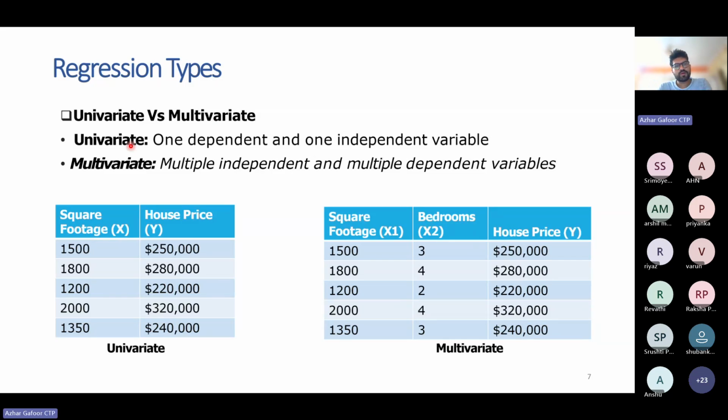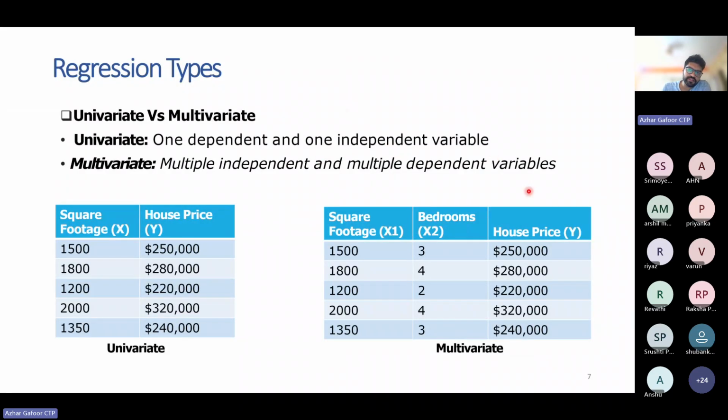Regression problems can be classified into univariate and multivariate problems. If the final dependent variable depends on only one independent variable, it is called univariate. If it depends on multiple independent variables, it is called a multivariate problem.